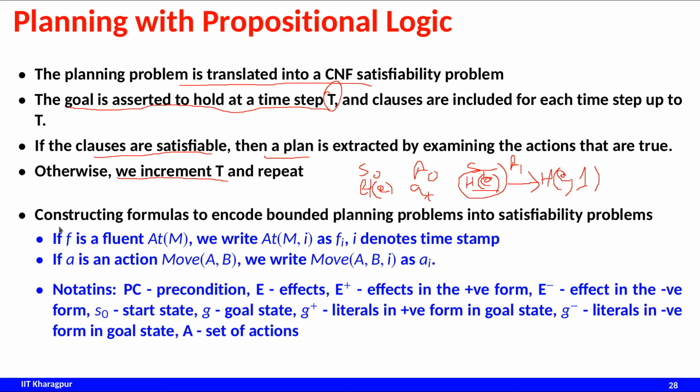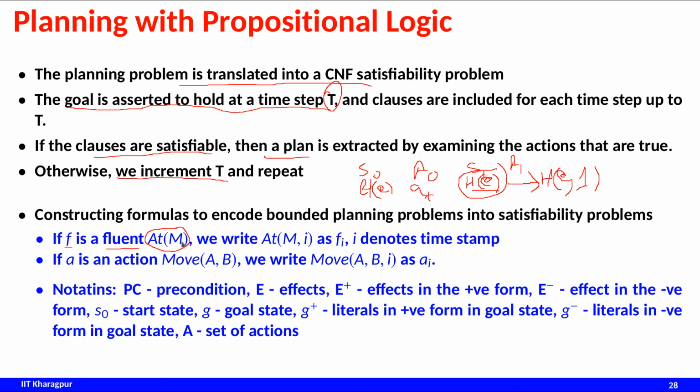So in order to construct the formulas to encode the bounded planning problem into a satisfiability problem, what we would like to do is, if we have a fluent at m, so earlier we talked about these propositions, we are saying it's a fluent because the value of at m can get changed over time, which is the terminology. So let's say we represent this at m, which is our proposition, and we say that it is a fluent f.